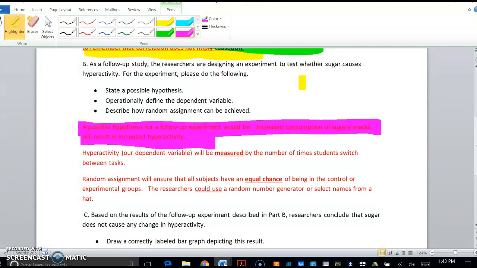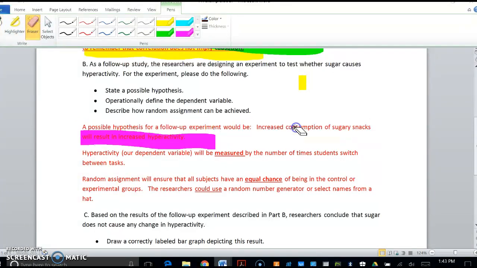We're increasing it. You could also say decreased consumption of sugary snacks results in decreased hyperactivity. But you want to show that something is going on with the two variables that you're using. So we want to make sure that something is actually happening in the hypothesis, right?